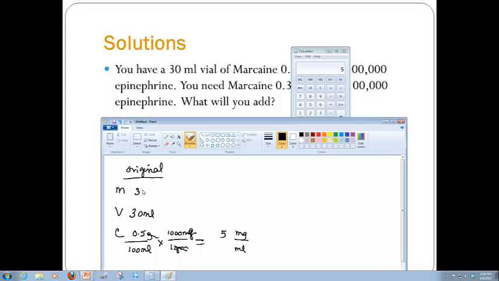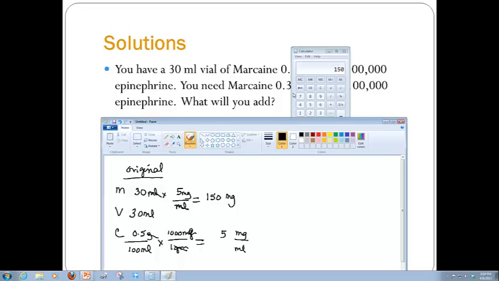So I'll go up here and calculate how much mass of drug is actually in this original vial. 30 milliliters at a concentration of 5 milligrams in every milliliter allows me to cancel milliliters and come up with the mass of drug in milligrams. So I have 30 milliliters times 5, or 150 milligrams of Marcaine drug in the original vial.